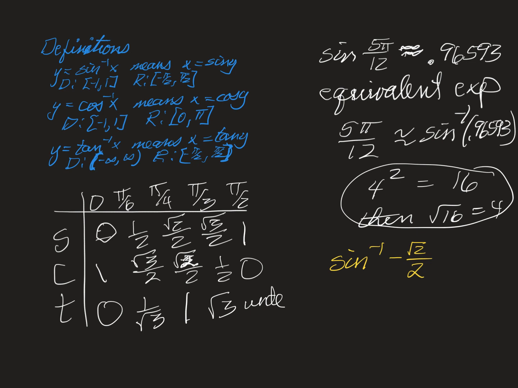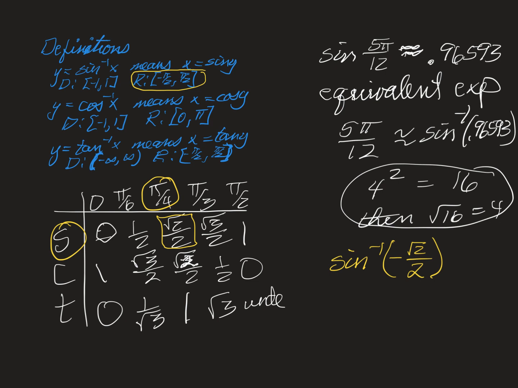If I look, here's sine, and here's pi over 4, there's square root of 2 over 2. Now, notice I want the inverse sine of negative square root of 2 over 2. So I'm thinking about the range.